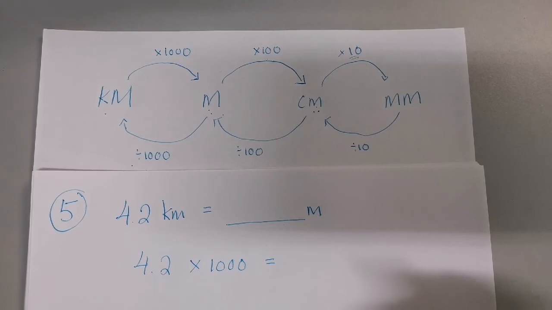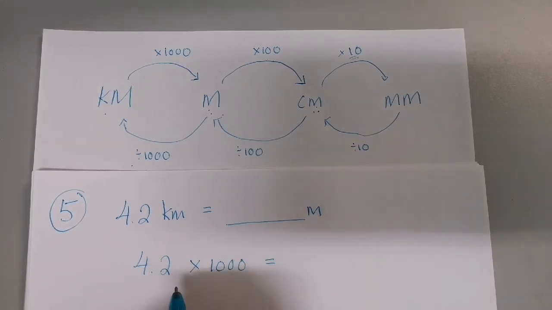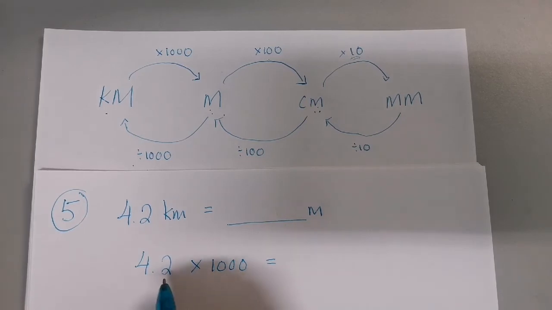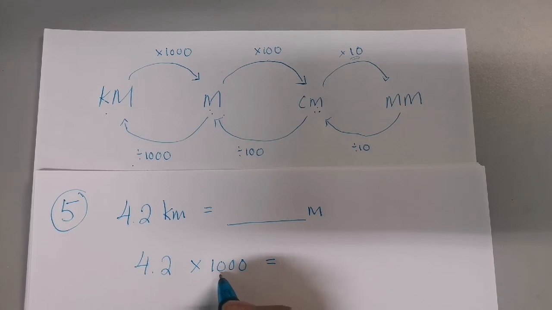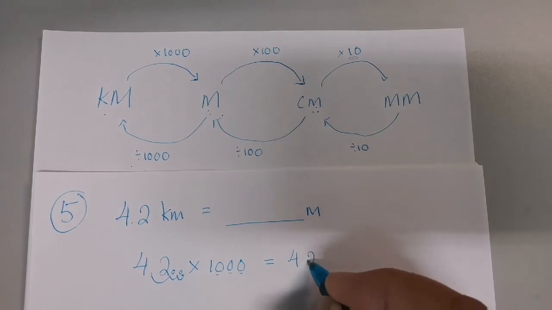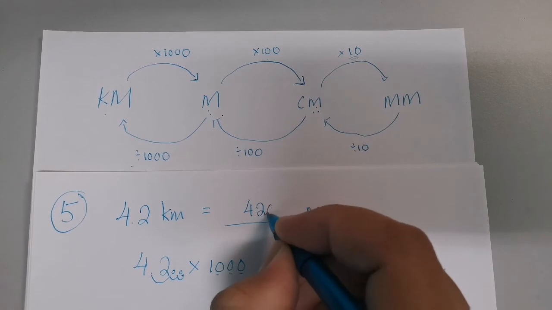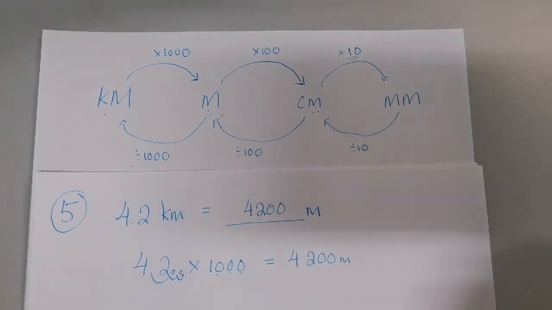You only need to shift the decimal point to the right, because this is multiply, the number becomes bigger. How many times do you need to shift the decimal point to the right? 3 times, because you have three zeros here. So 1, 2, 3. Put 0 here. So your answer should be 4200 meter.